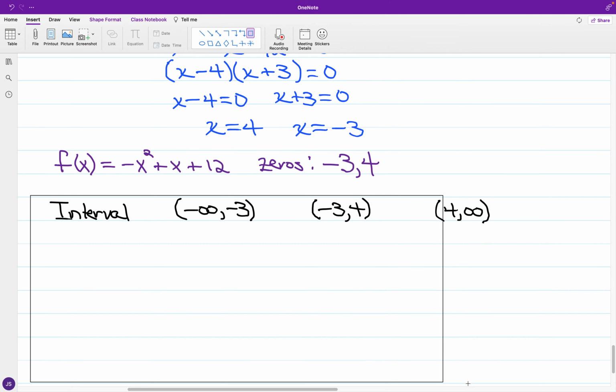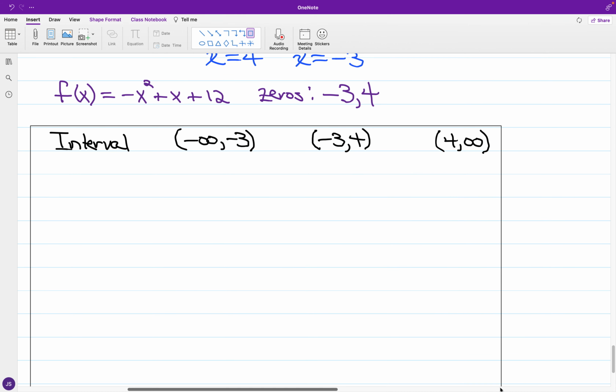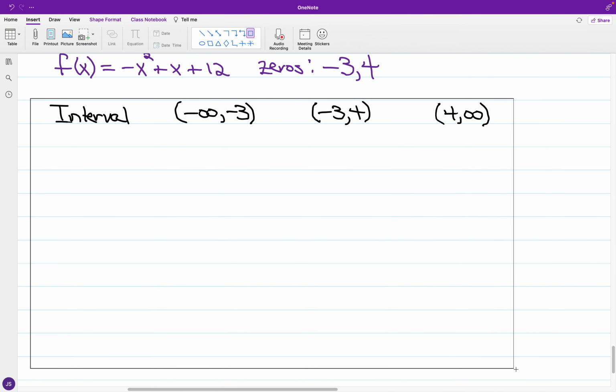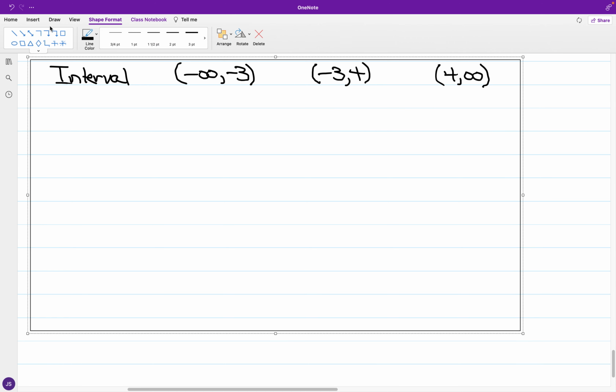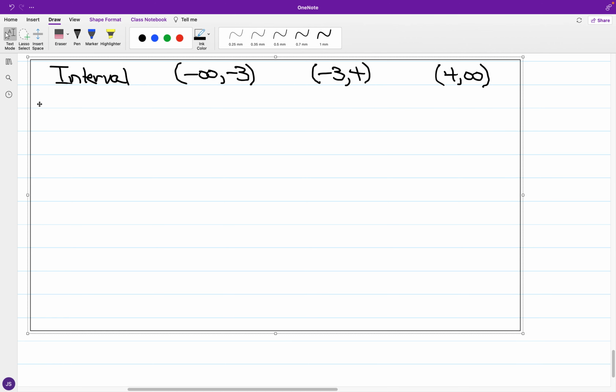So just establishing the column headings. And again, just testing out each of the interval sections. So again, I'll be doing a bit of probing. You have your test value x.